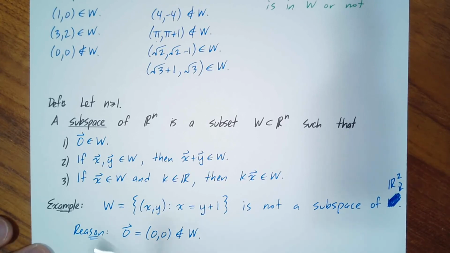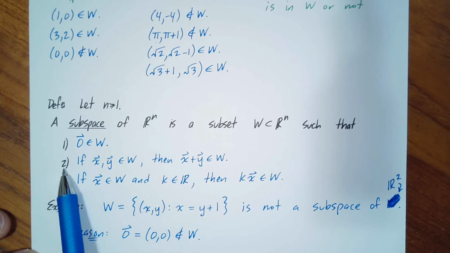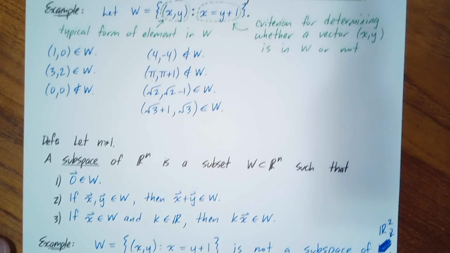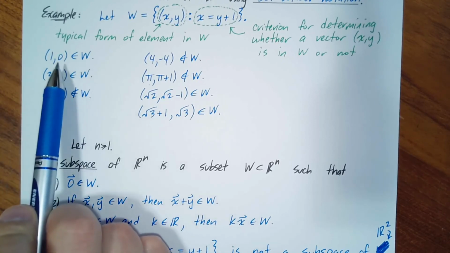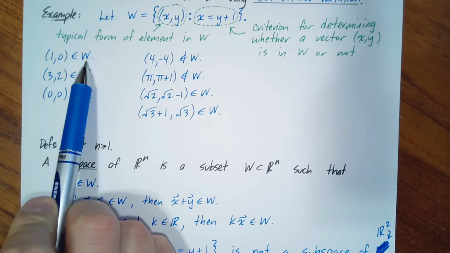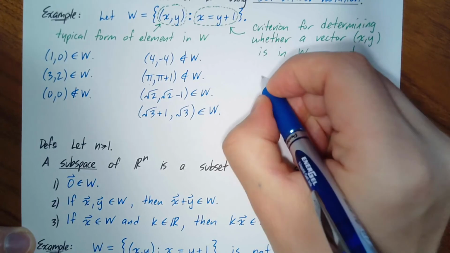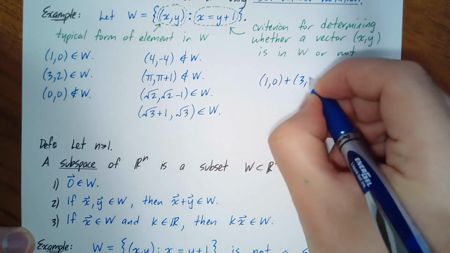But because I want to take an opportunity to further illustrate what property 2 is saying, and even property 3, let's look at how property 2 also fails, because it just so happens that all three conditions fail for this set. So let's look at a particular example where property 2 is going to fail. In fact, let's start up here. (1, 0) is in W. (3, 2) is in W. But watch what happens if we add them together. (1, 0) plus (3, 2).